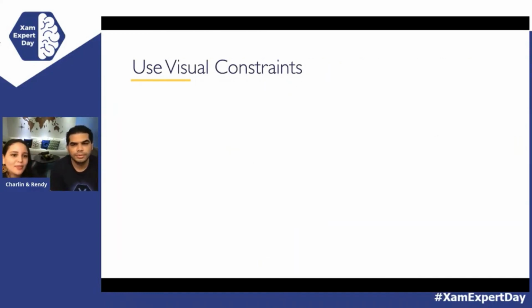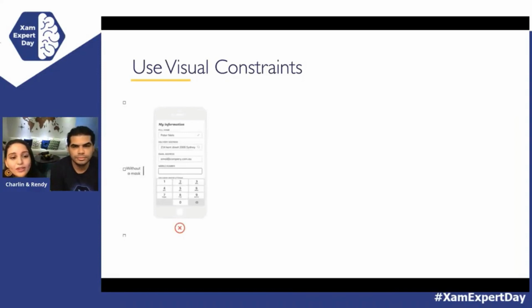So the other tip is, when we are using a mobile application, visual constraints are important because they give the user an idea of what kind of format you are expecting. So, for example, if you are expecting a mobile number, there are some ways that you can type a mobile number. It's like 8 digits. I think it's 16. I think it's 10, yeah. Yeah, something like that.